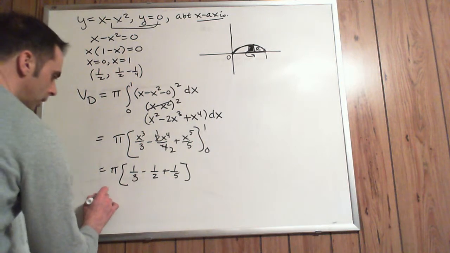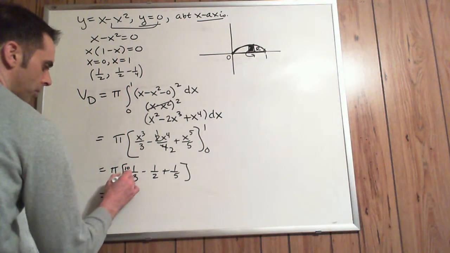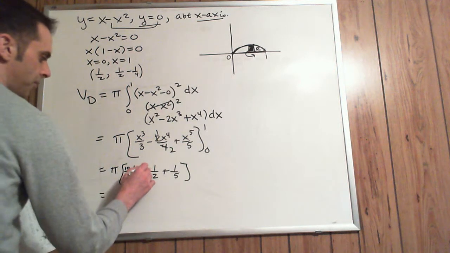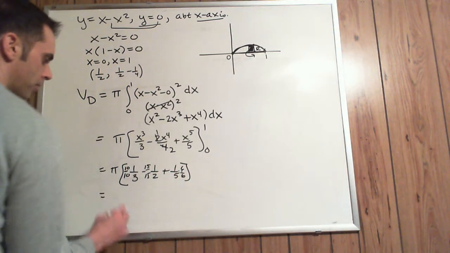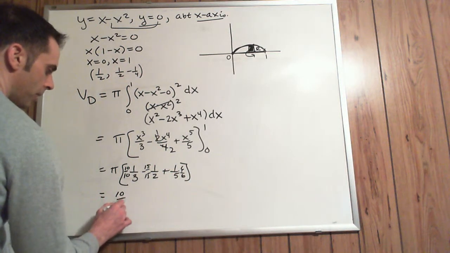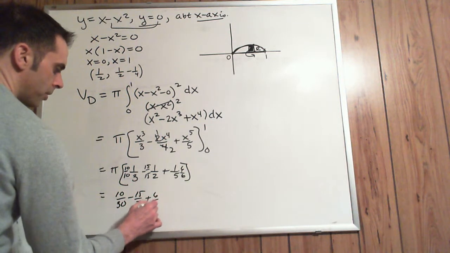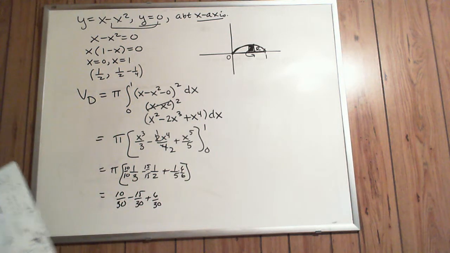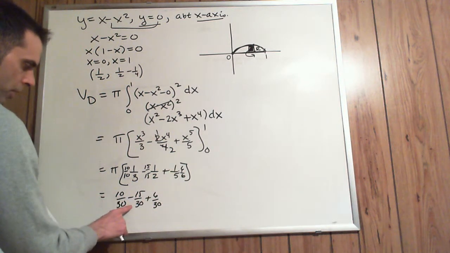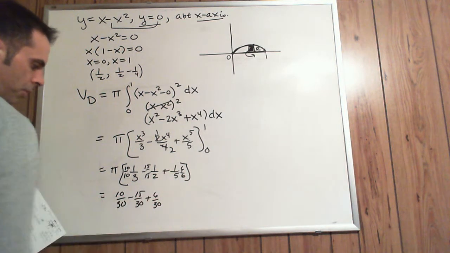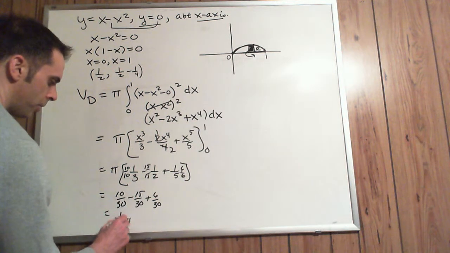And I can get a common denominator here of 30, so 10 over 10, 15 over 15, and 6 over 6. So that would be 10 over 30 minus 15 over 30 plus 6 over 30. And that here would be negative 5 over 30 plus 6 over 30, which is 1 over 30. So it would be 1 over 30 pi.